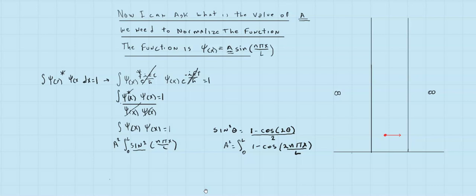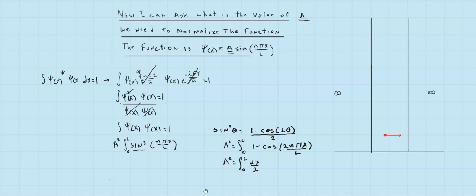We know we're going to get two terms. One is going to be a 0 term, and the other one is going to be 1/2. So we know that A squared is equal to the integral from 0 to L of dx over 2.